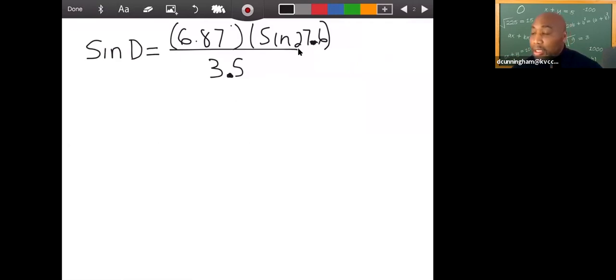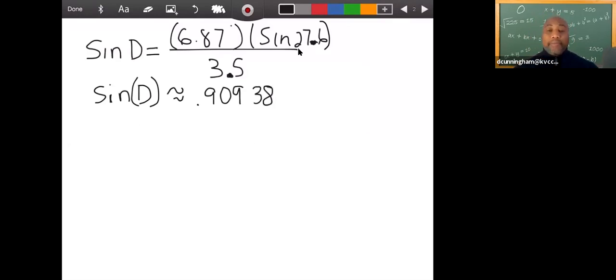So this gives us the sine of D. The sine of D, I should write it like this, is approximately, if we do our math correctly, 0.90938. Now what we're going to do is take the arcsine on both sides to get D by itself.